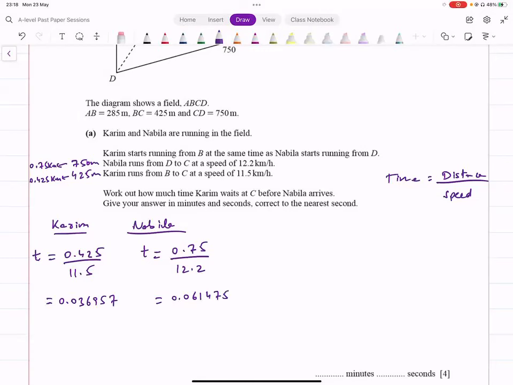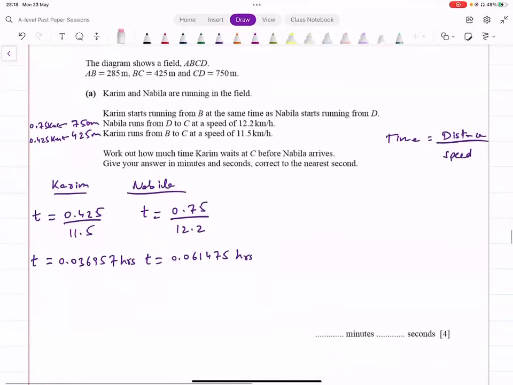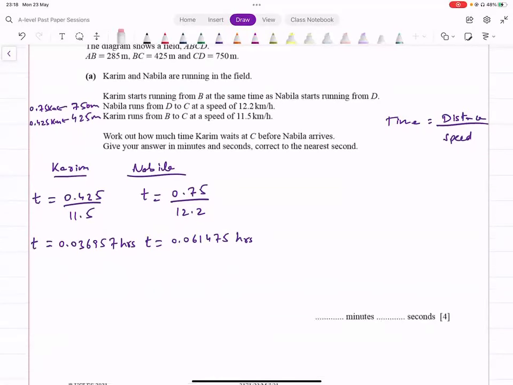Remember ये time जो दोनों हमारे पास आ रहे हैं, these are in hours. आपको क्या चाहिए? Correct to the nearest second आपको answer चाहिए. तो seconds में आपने लेकर जाने हैं end पे eventually. लेकिन हम क्या करते हैं? पहले तो time difference find कर लेते हैं. ठीक है, so कितना wait करना पड़ता है उसको hours में निकाल लें बेशक.